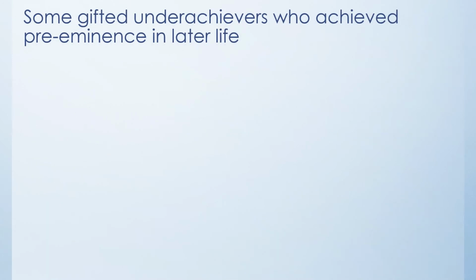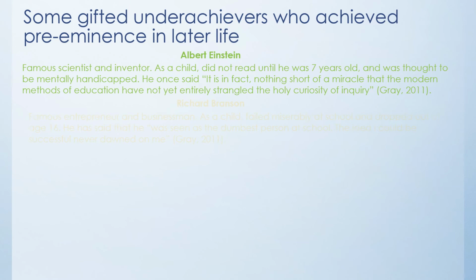Now you probably notice that I've spent a fair bit of time on gifted underachievers, but with half of all gifted students underachieving, I firmly believe that it is incumbent upon me to satisfactorily explain the whole notion of a gifted underachiever. And in order to substantiate the claim that some of society's most influential and successful individuals underachieved at school, I have listed a small portion of this select group here to demonstrate this point.